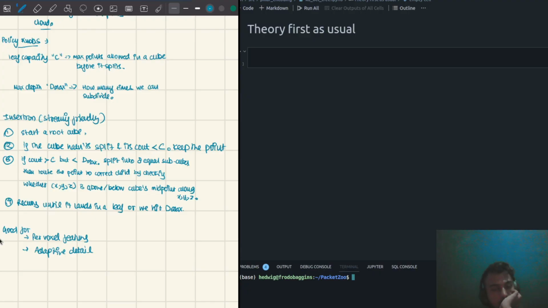So B, C, D, E, and then this might be F, G, H, and I. So inside of E is F, G, H, and I. These are 4 nodes that are underneath my node E.